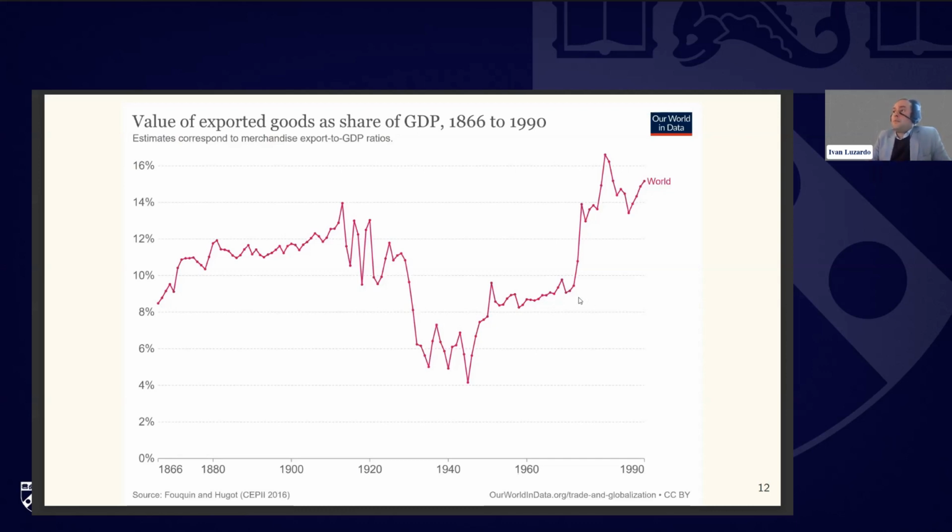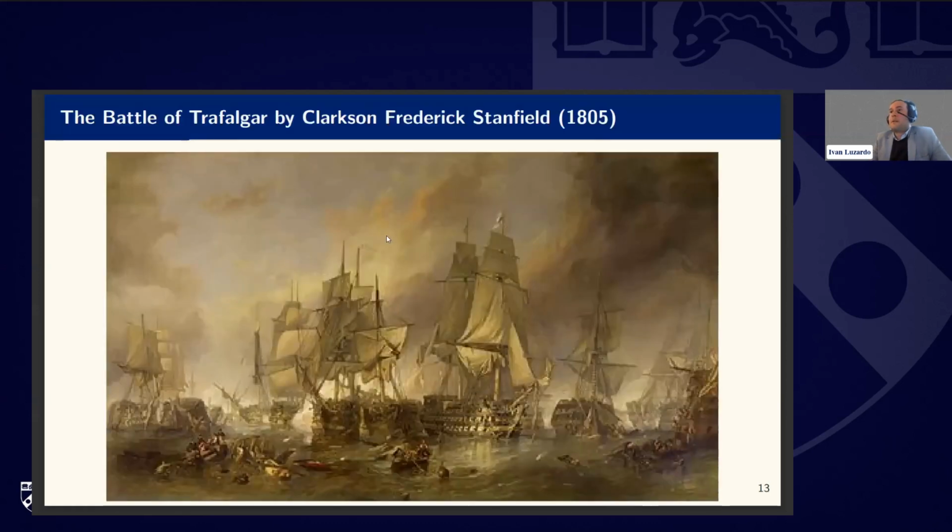So we saw a resumption of globalization in the most recent period, but we only see that after the 1980s. So it took a while to observe again the level of market integration that we saw for the late 19th century.